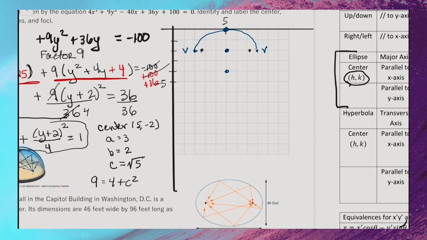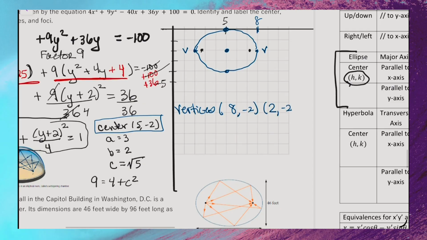This is my vertex. So I have my center. The vertices are (8, -2) and (2, -2).